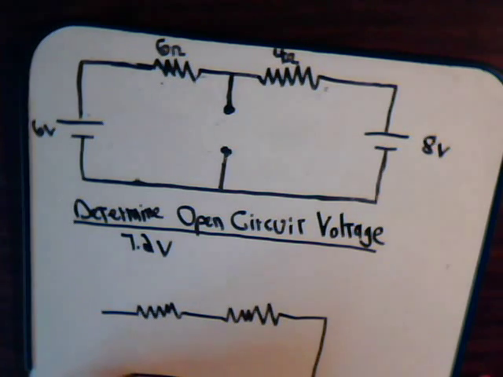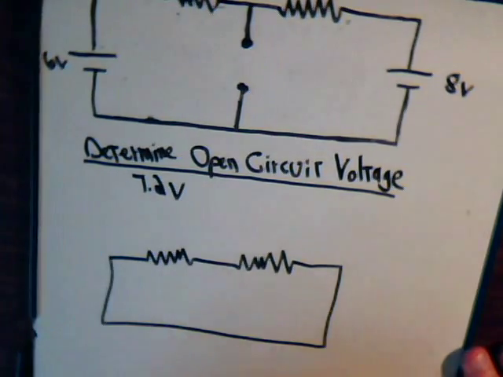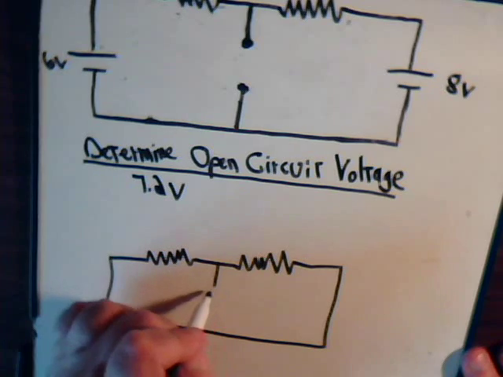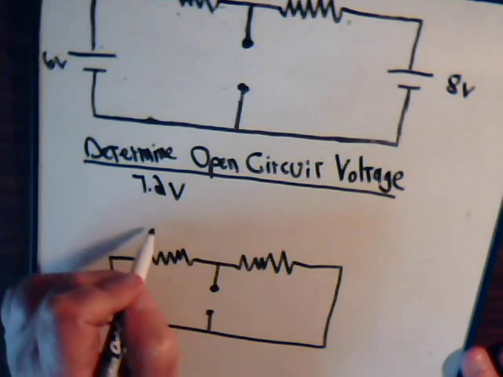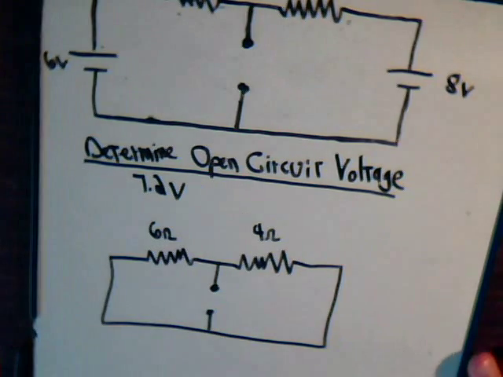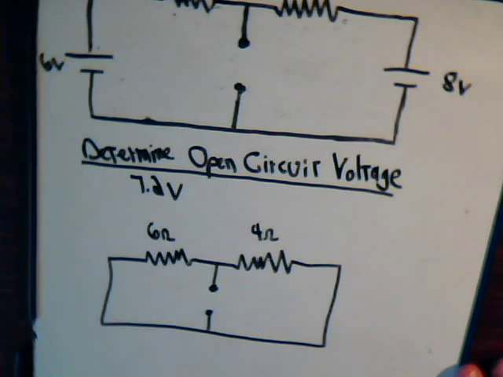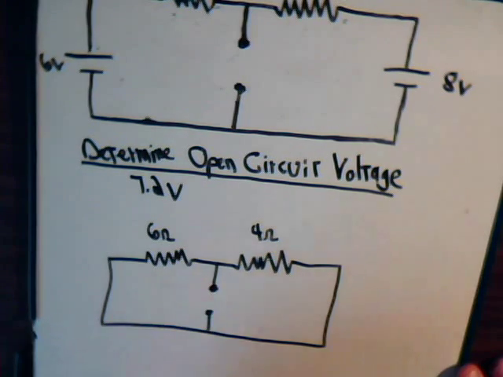So now we just have straight lines here, no voltage drop. And then we have this, 6 ohms and 4 ohms, and we're asking ourselves, what is the resistance of this circuit measured across these two terminals?